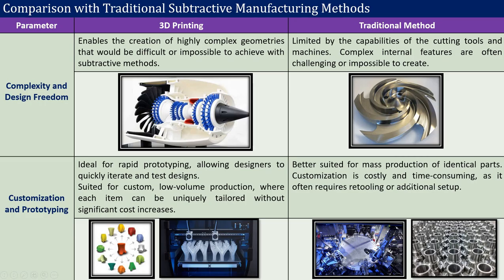While in the traditional method, it is not possible because every time you have to create the molds and develop the material. So that is not possible in the traditional methods. So customization is very easy for a change in design.